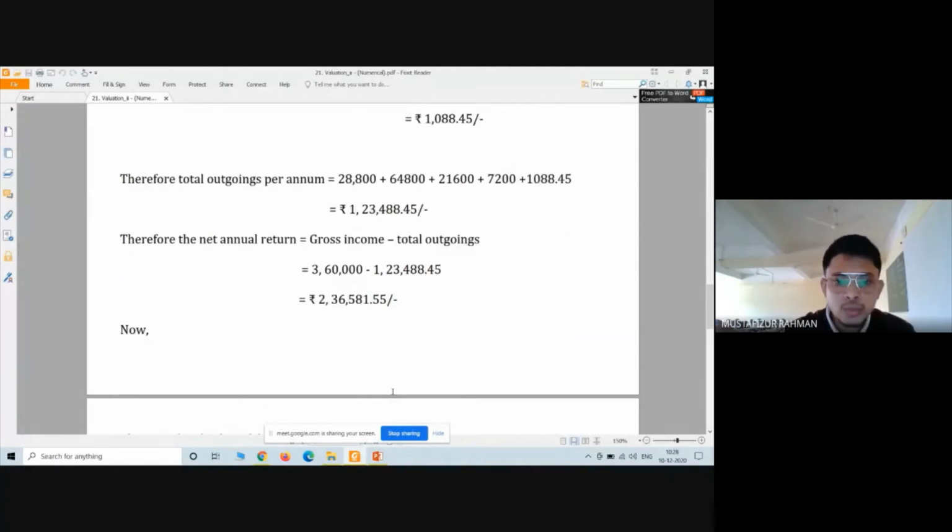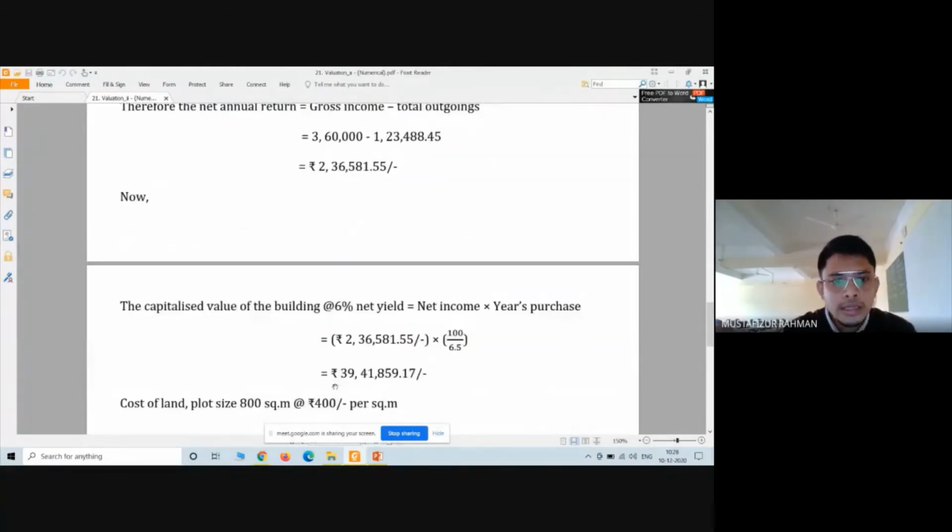Now, from here, the capitalized value of the building is net income multiplied by years purchase. So that is this value. The net income I have 100 divided by, why did I do 6.5? If I'm keeping this 6, this will be 6.